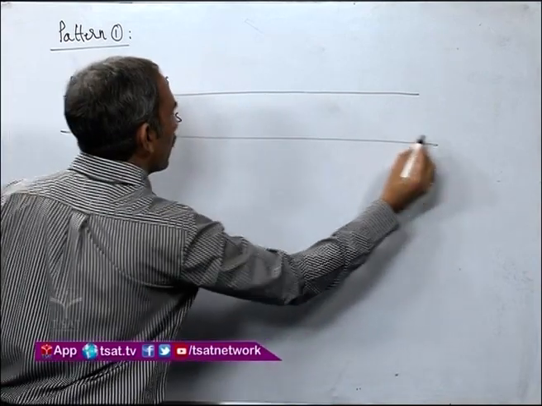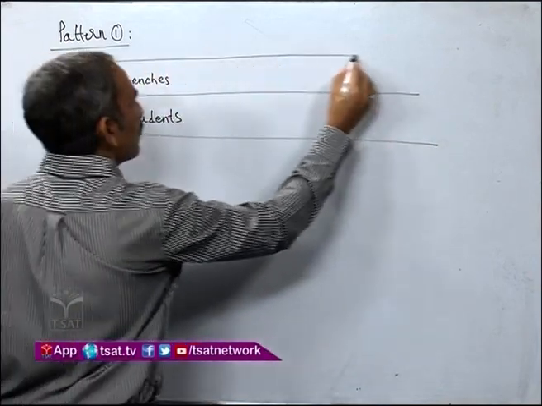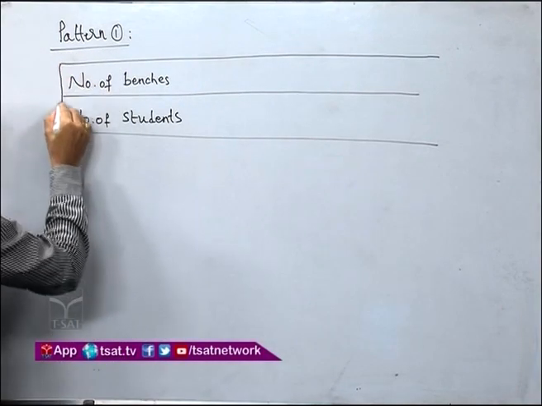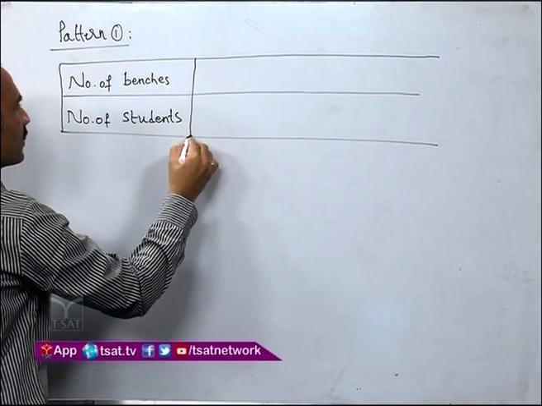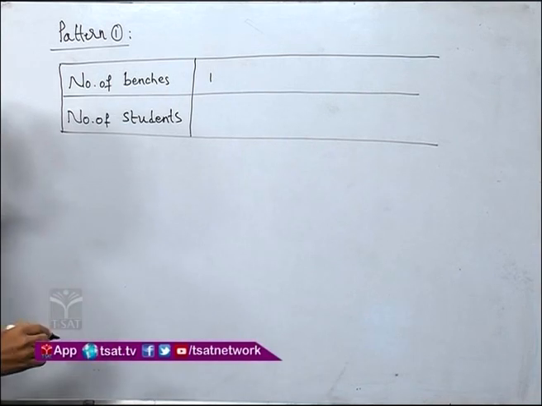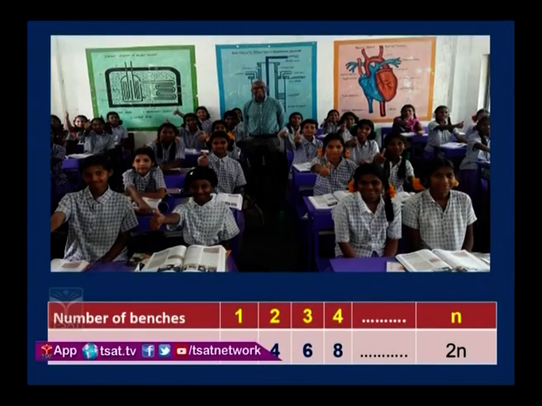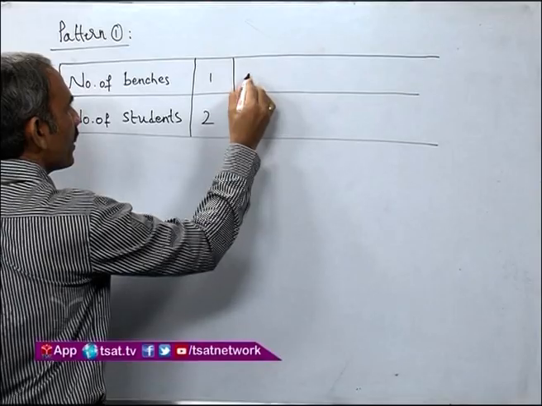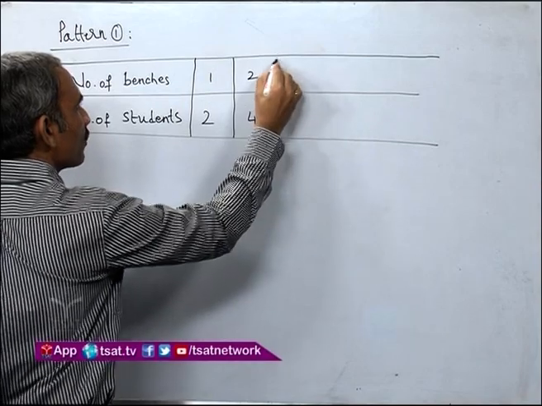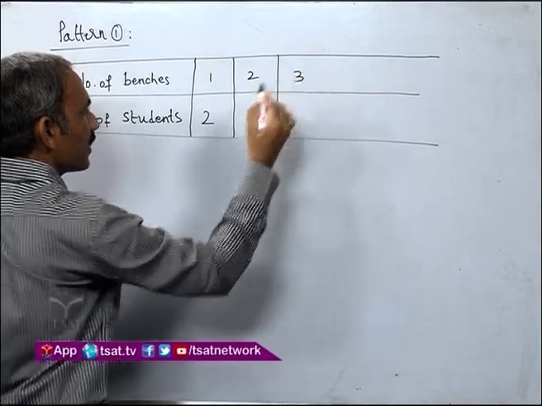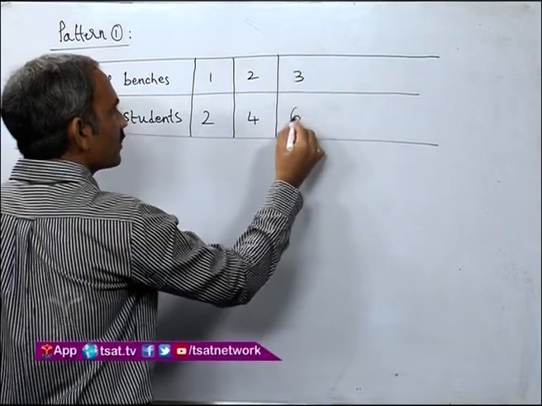If you observe the picture, with one bench you can see 2 students. If there are 2 benches, we can accommodate 4 students. If there are 3 benches, we can accommodate 6 students.